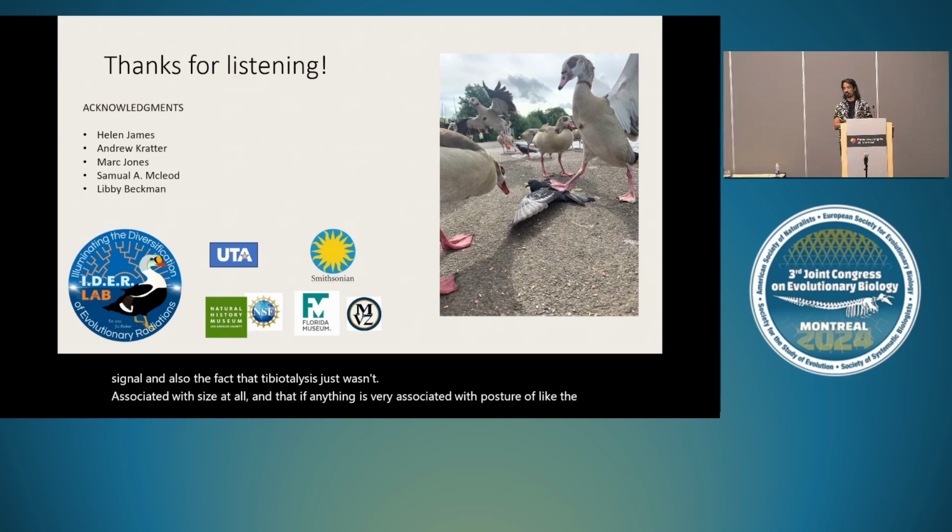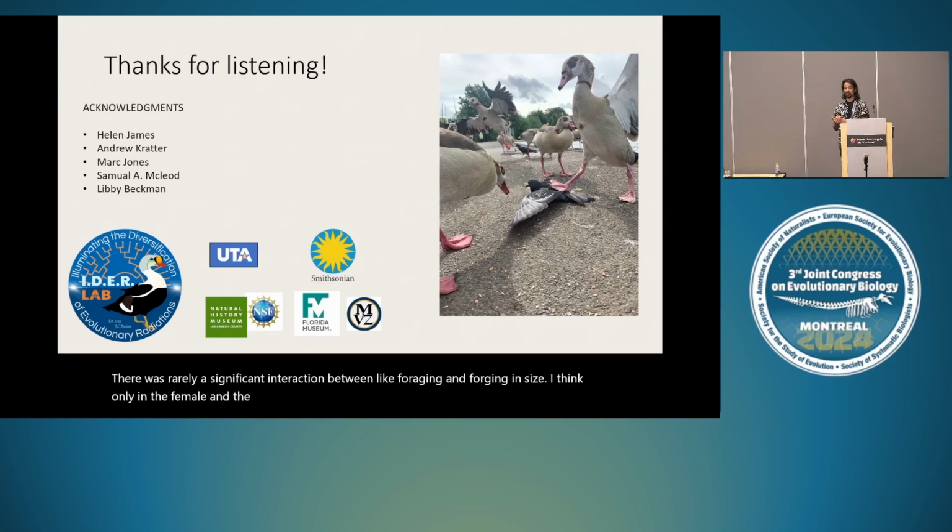There's something interesting going on there, but that signal was hard to tangle out. It's not very clear when you look at all the allometry plots and all that. There was rarely a significant interaction between foraging and size. I think only in the femur and the skull that happened. So yeah, it's a strange one how size is interacting.